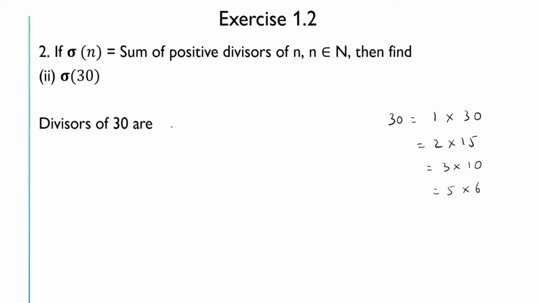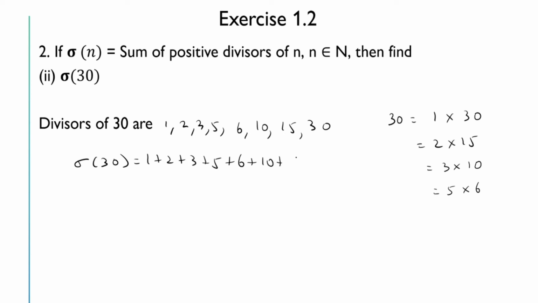So the divisors of 30 are 1, 2, 3, 5, 6, 10, 15 and 30. So sigma of 30 is equal to 1 plus 2 plus 3 plus 5 plus 6 plus 10 plus 15 plus 30. So this is equal to 72.